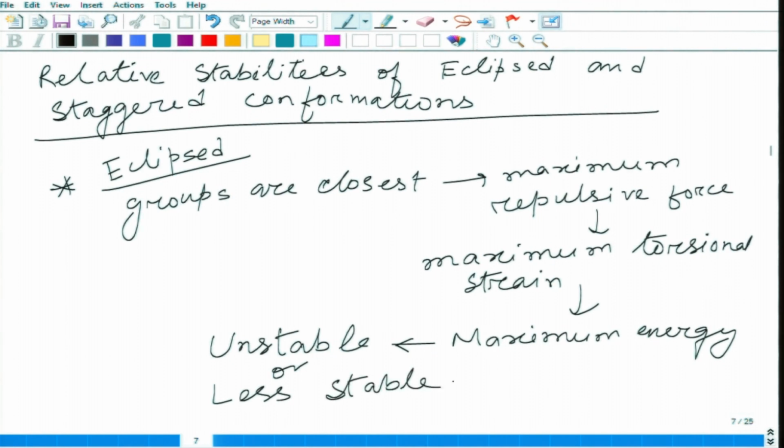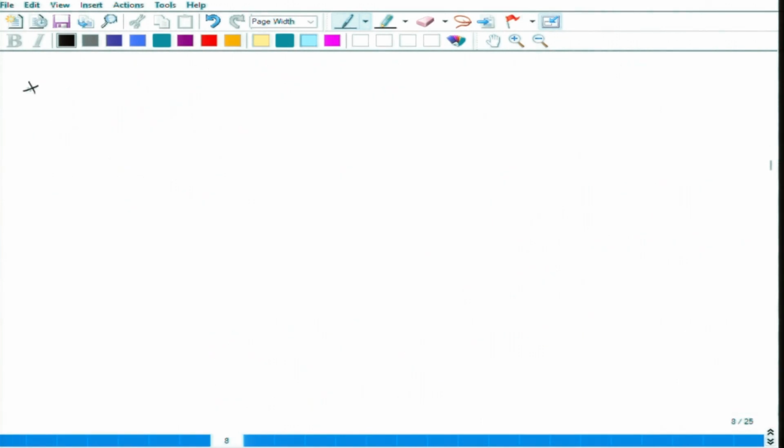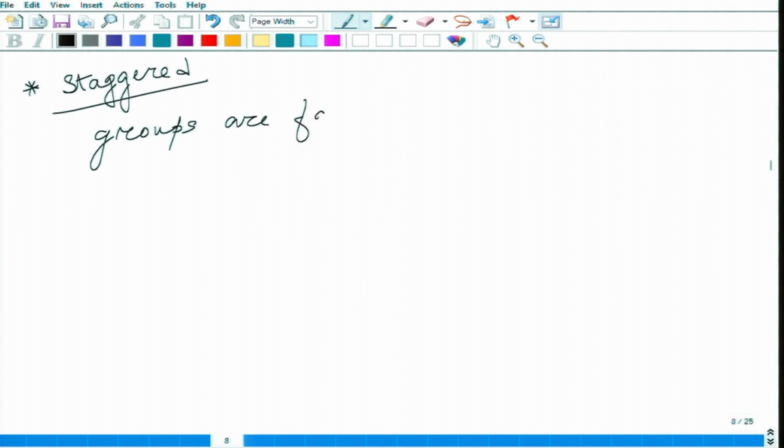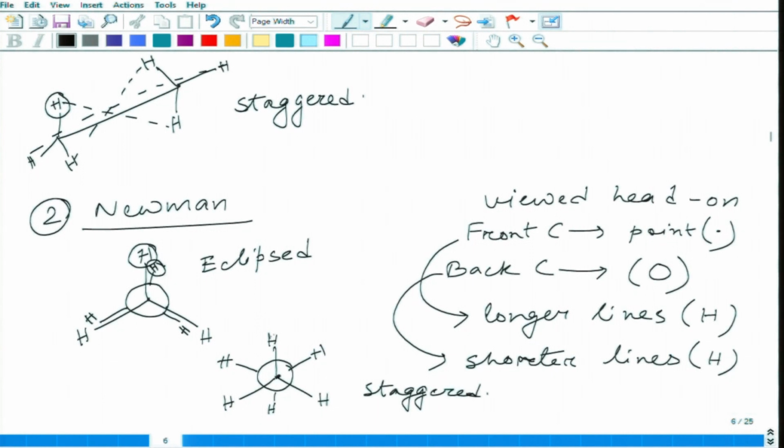Okay. Now, what happens in case of staggered? In case of staggered, groups are farthest from each other. Like this is a staggered conformation. One hydrogen is here and another hydrogen is exactly opposite. So, these have very less repulsive force between them.